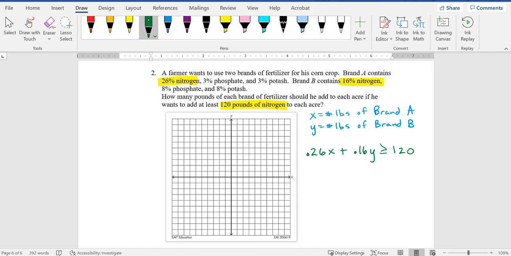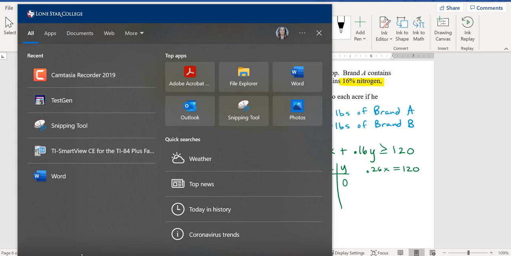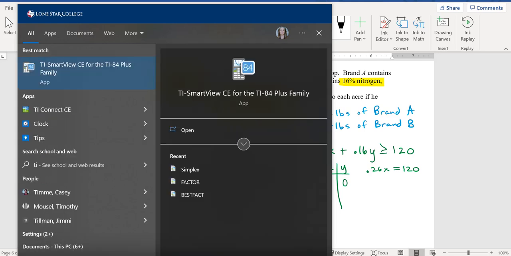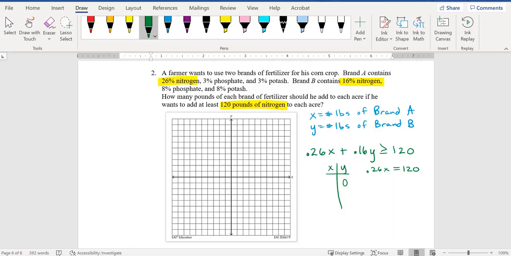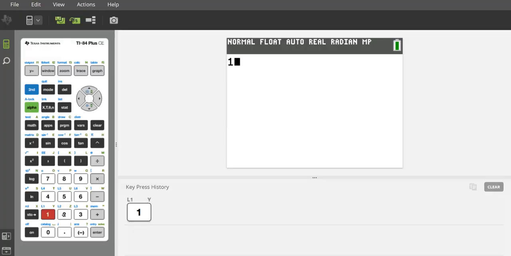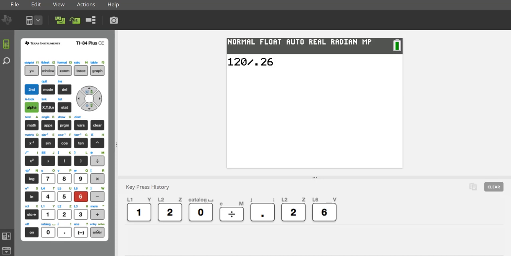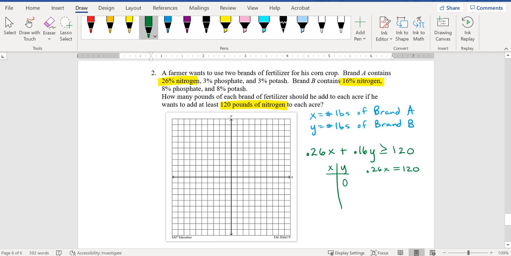So if I go do my intercept method, if y is 0, 0.26x equals 120. I'm going to do 120 divided by 0.26, and I get 461.5. If I let x be 0, I get 0.16y equals 120.